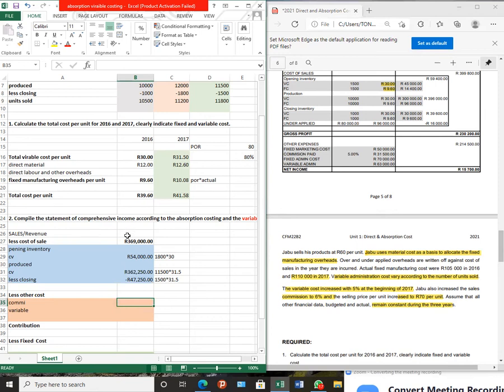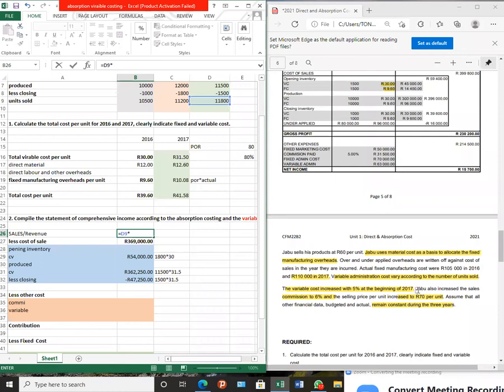Let's calculate the sales, guys. I forgot to calculate the sales. The sales, guys, we are going to take the units sold, which is 11,800, ne? Times 70 rand.